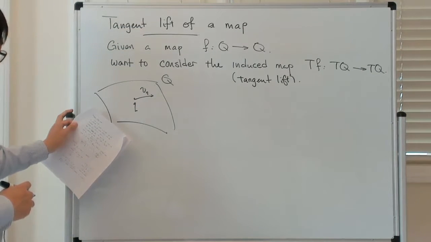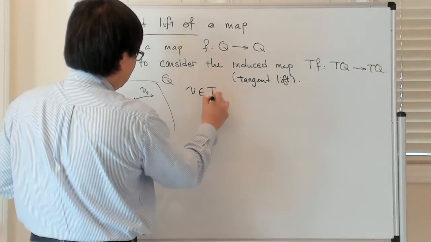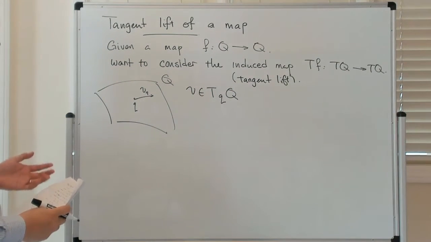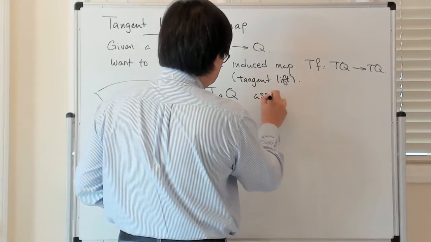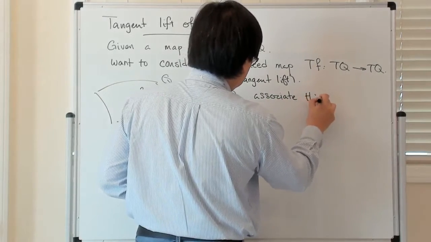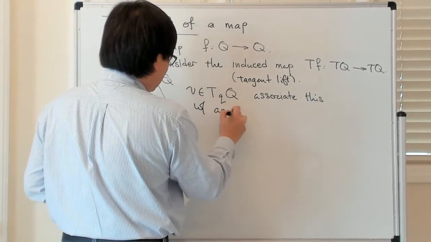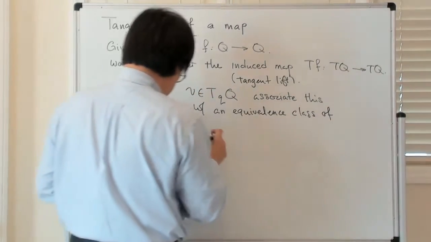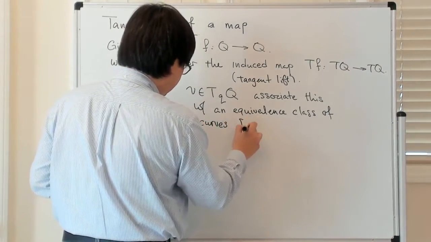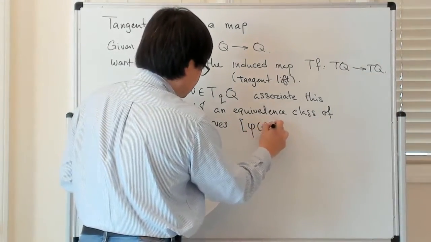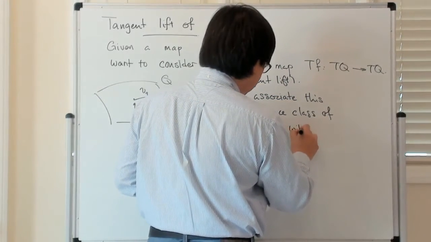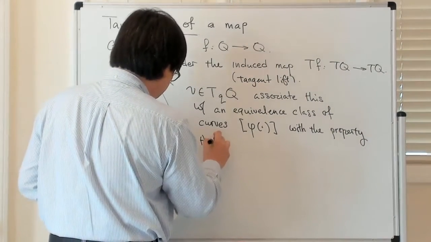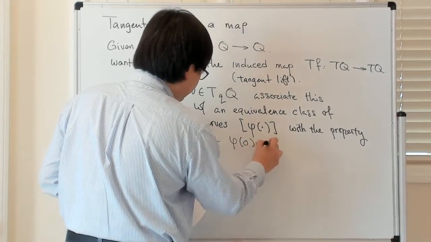So v_q is an element of the tangent space at the point q to the configuration manifold Q, and you want to associate to this an equivalence class of curves, with the property that the curve, when evaluated at 0, gives me the point q.